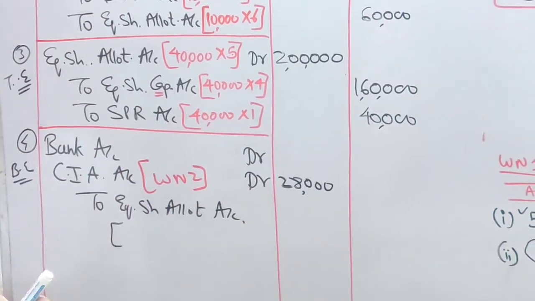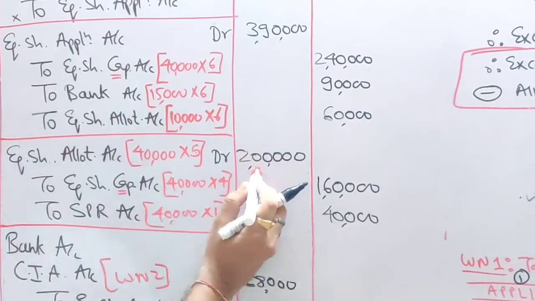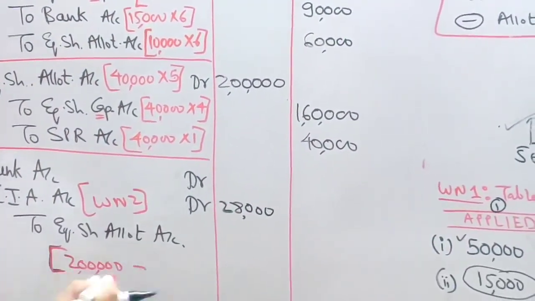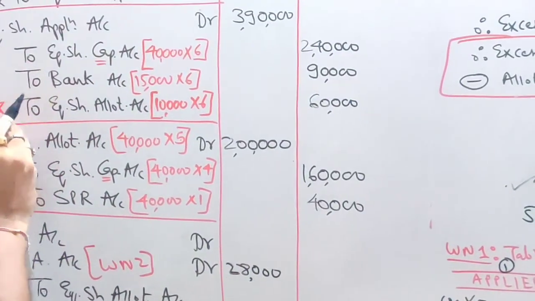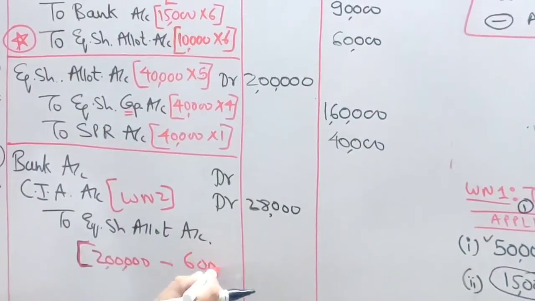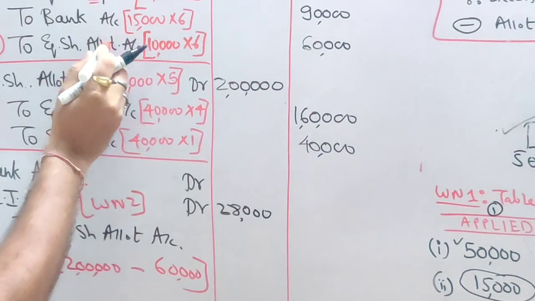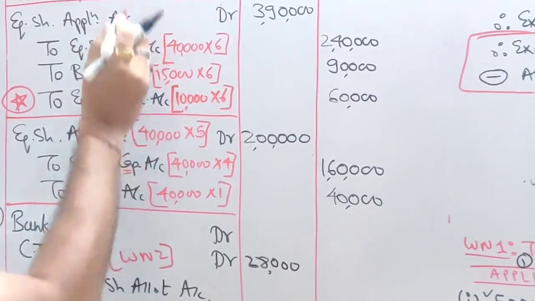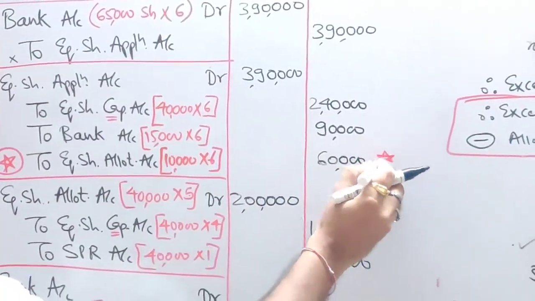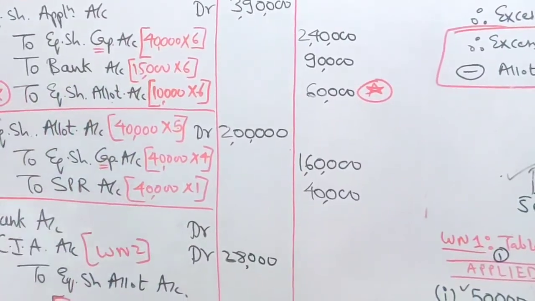Now coming back to this, how much money have we asked for allotment? 2 lakh rupees. From this we have already credited 60,000 for the excess money. So you are not going to get 60,000. Why? Because this excess money was already received at the time of application. So 60,000 is the excess money which is with the company, which is to be adjusted against the allotment.